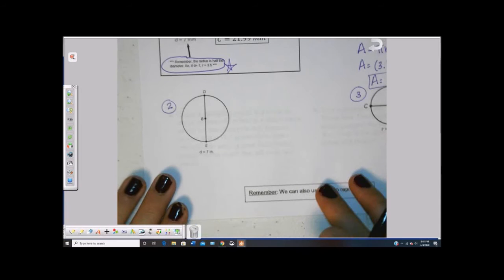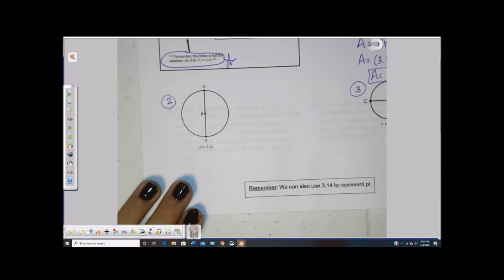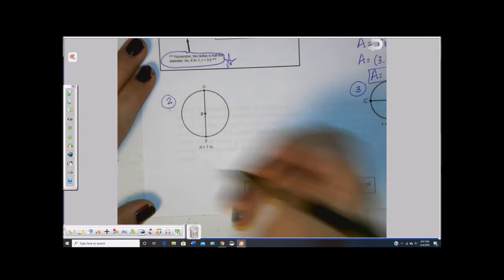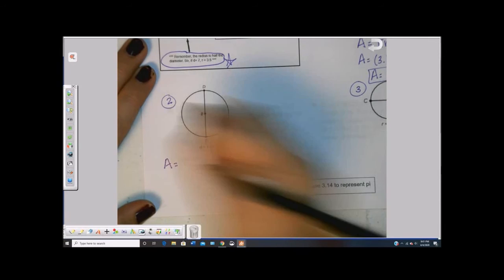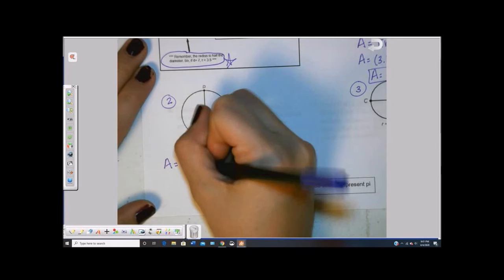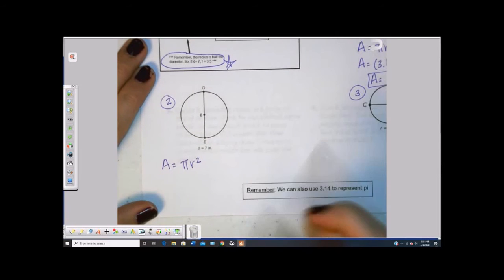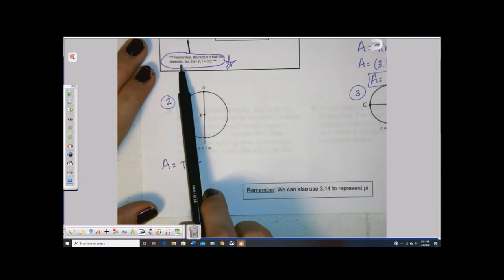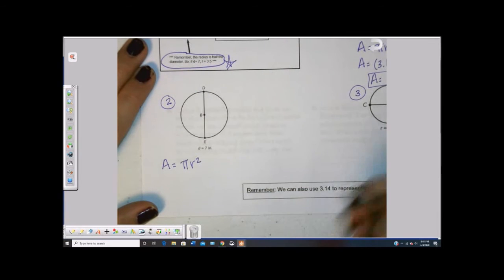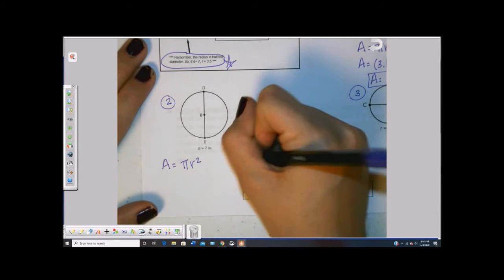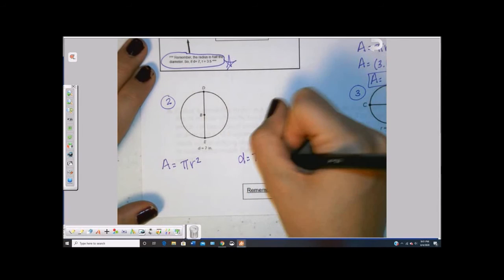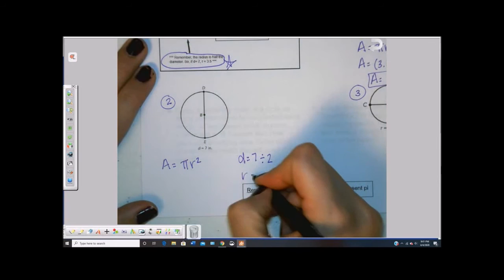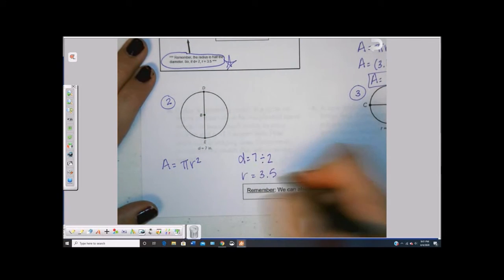Looking at number 2, in this case we have our diameter. And remember that little note at the top, that radius is half of your diameter. And we're going to use A equals pi r squared. So our diameter is 7, so I'm going to divide that by 2, and you get your radius of 3.5.